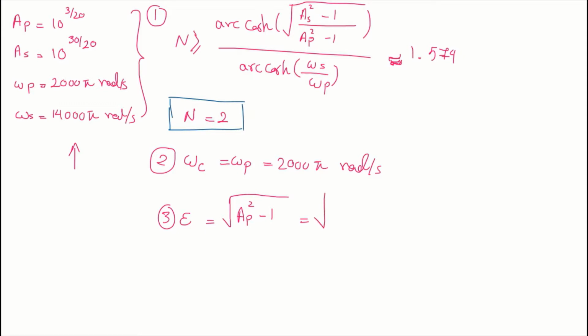Okay, so AP squared is (10 to the power of 3 over 20) squared minus 1, and this equals the square root of 10 to the power of 6 over 20 minus 1, and this almost equals 1.